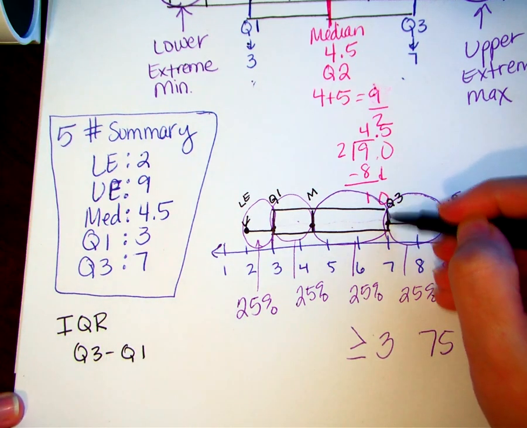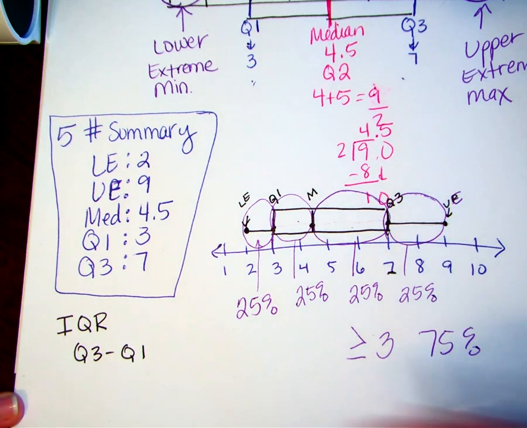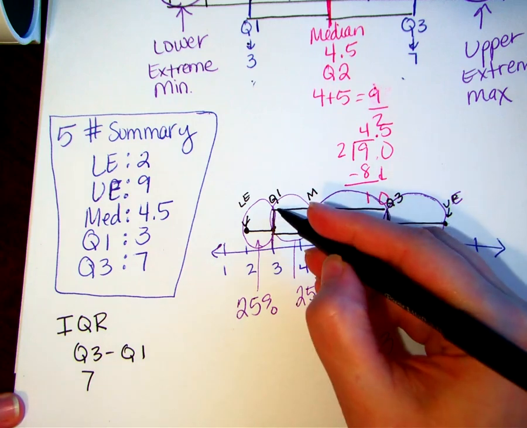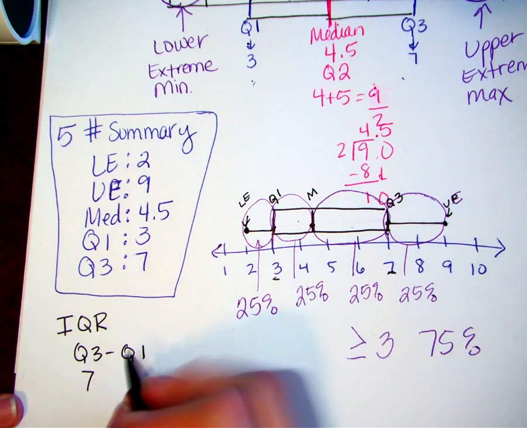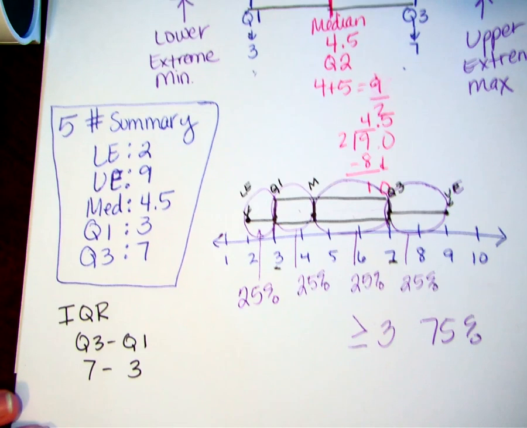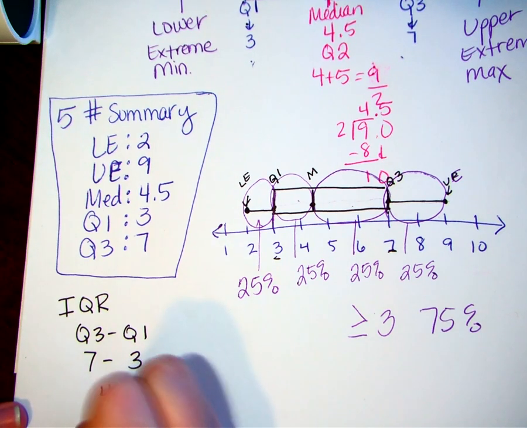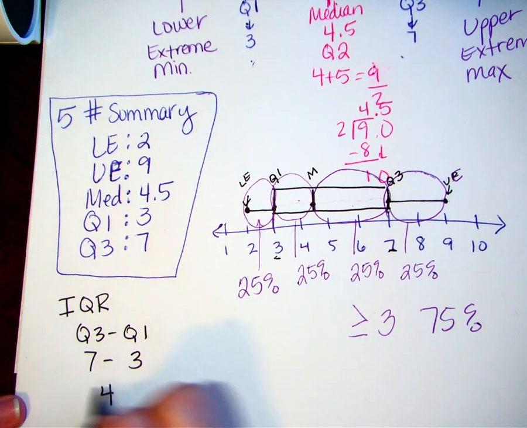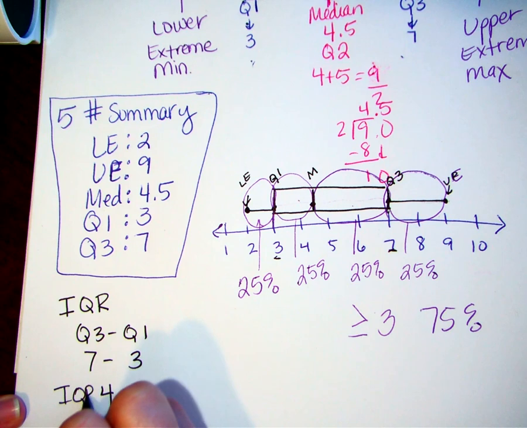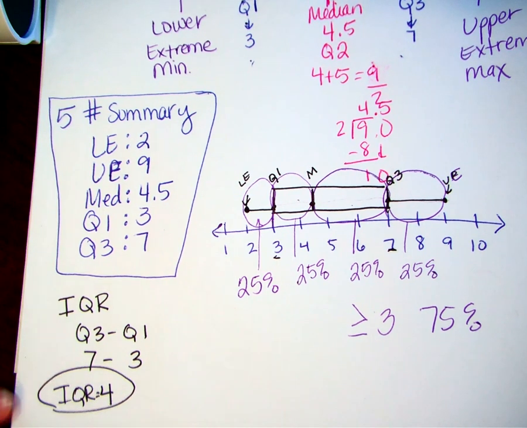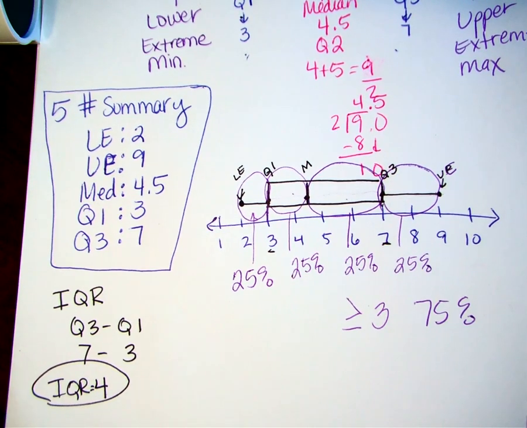So Q3, remember, was at 7. Q1 was at 3. And 7 minus 3 is 4. So our IQR is 4.